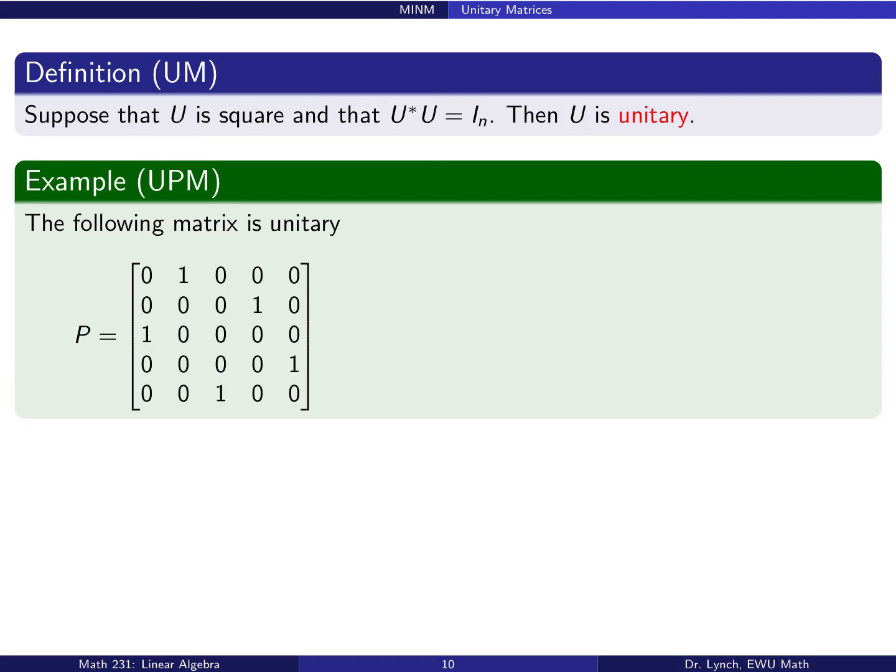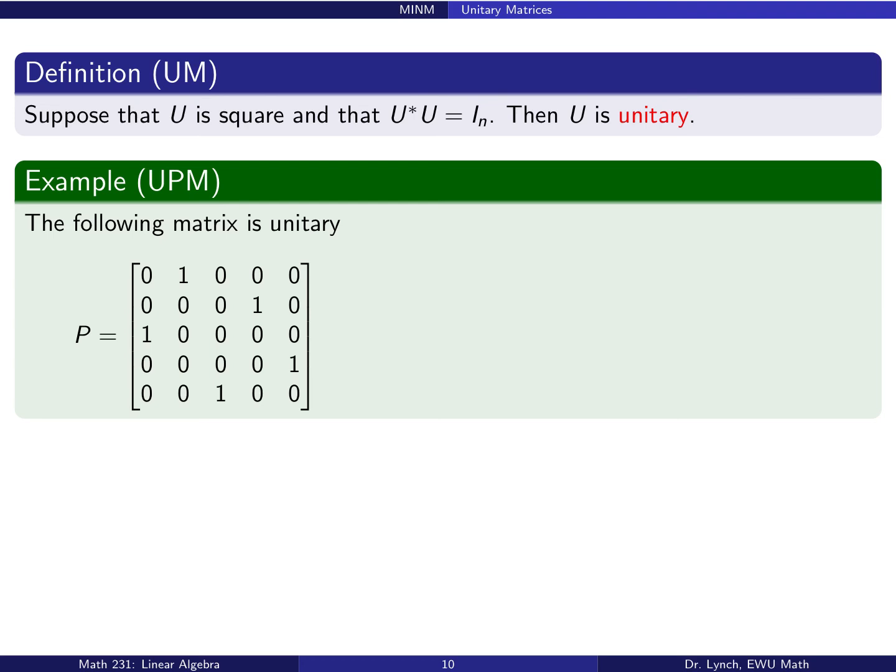Here's another example of a unitary matrix. This is a matrix of zeros and ones, a matrix P. It's pretty quick to identify that this matrix is unitary. P transpose times P is the identity, in fact, because the matrix is real. An aside here: this matrix is called a permutation matrix.